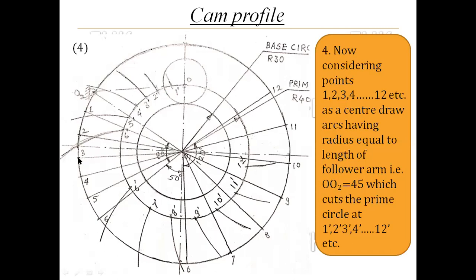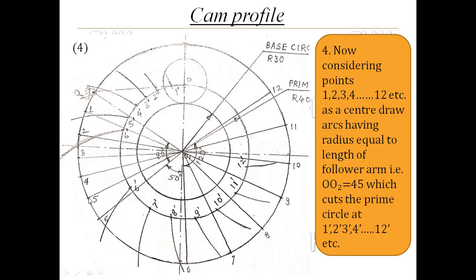Then 3 as a center, 45 mm distance in the compass, draw the arc where it cuts the prime circle, give the number to that intersection point as 3 dash. Then 4 as a center, the same distance in the compass, that is 45 mm, cut the prime circle at point 4 dash and draw the arc.